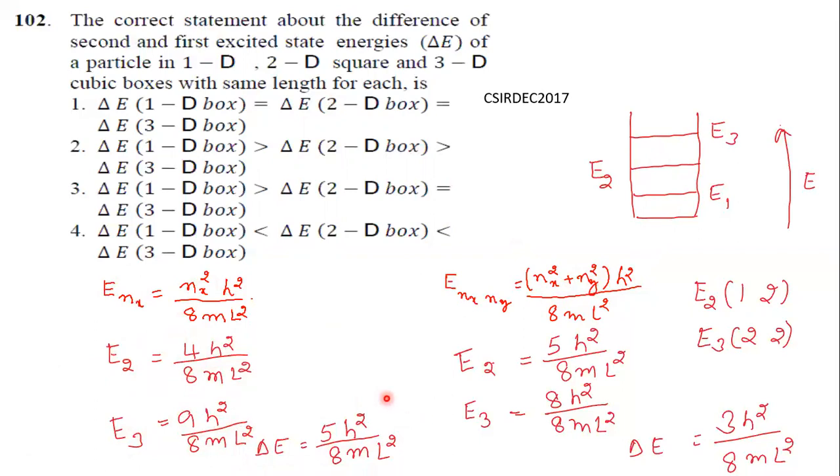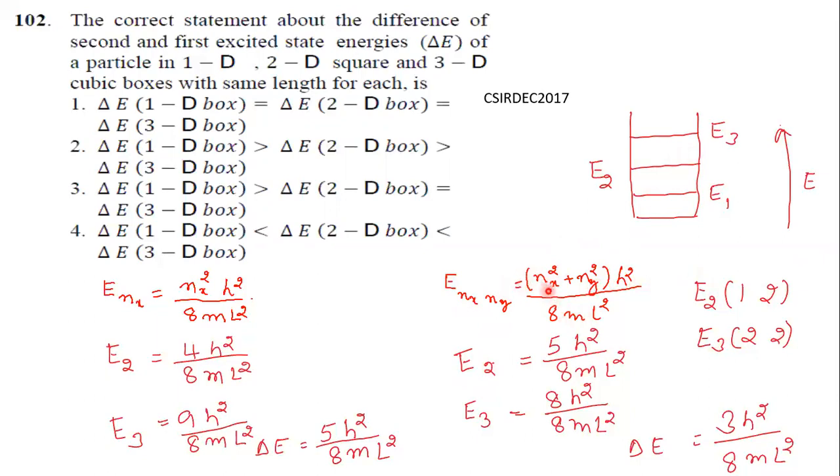Now we should calculate the same thing in the 2D box. In the 2D box, for the first excited state, the quantum numbers Nx and Ny take 1, 2 or 2, 1, both it can take, and the quantum numbers the second excited state will have are 2, 2.